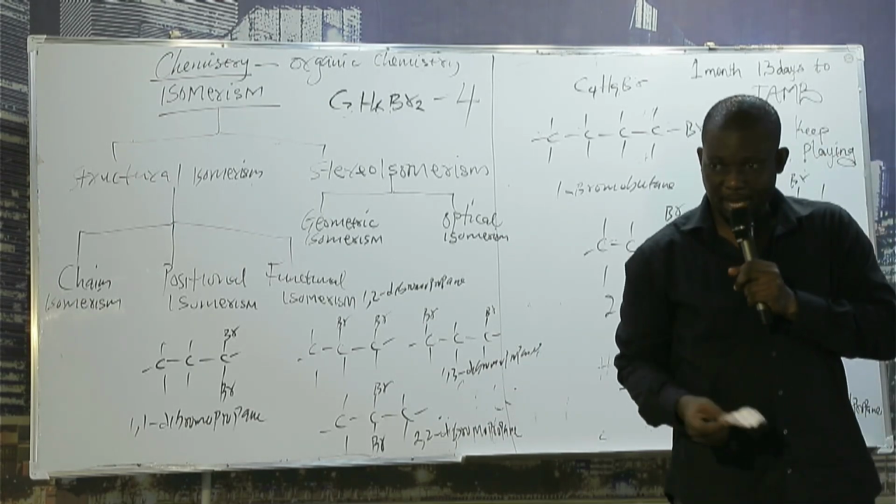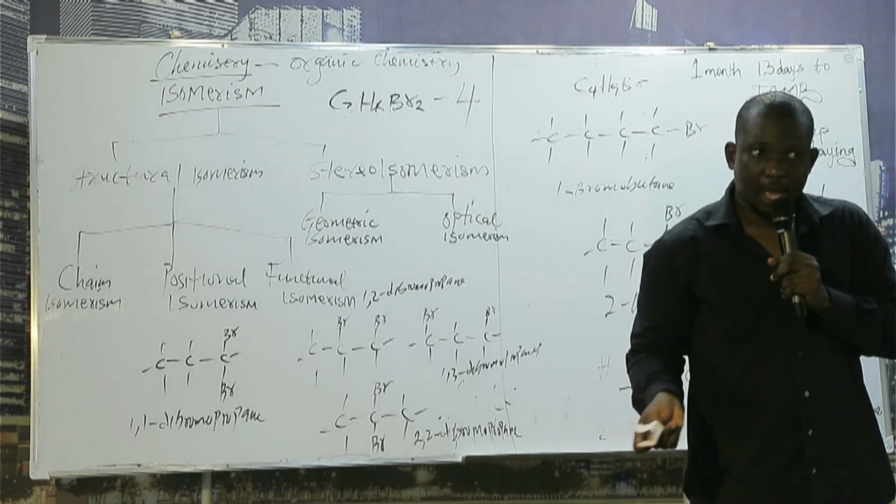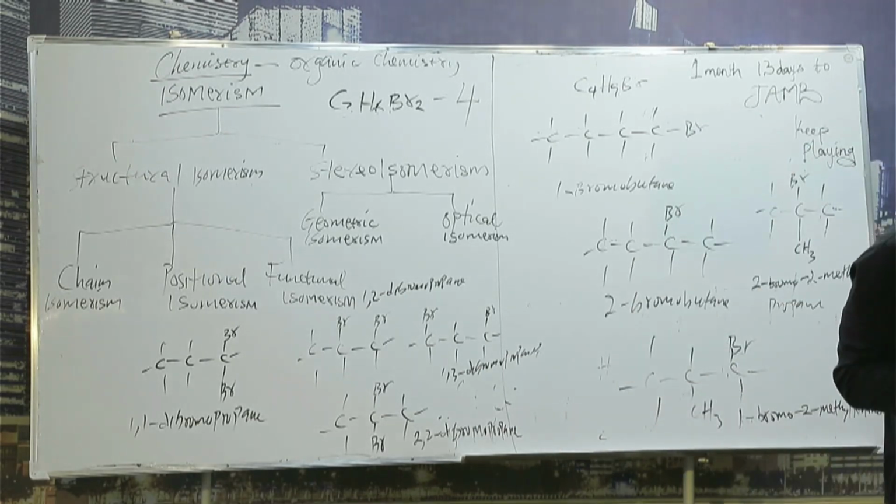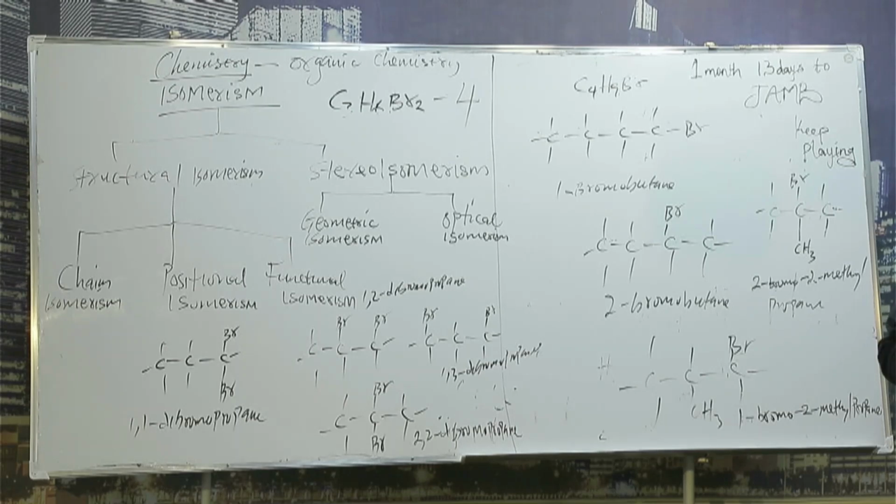Excuse me, am I too fast? That I'm doing isomerism for two contacts? You must be stupid, those that say I'm too fast. You don't know what you're doing to yourself. If you say I'm too fast, you don't have anything in your brain.